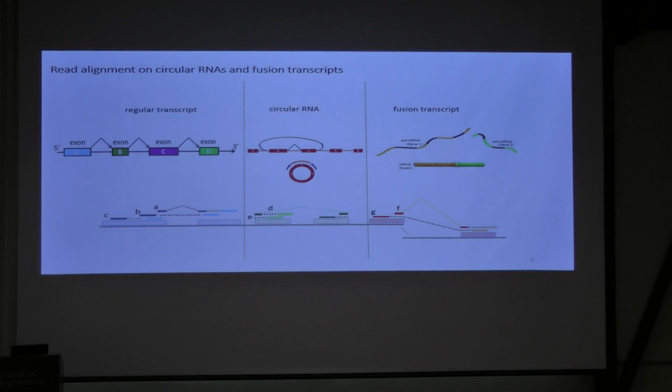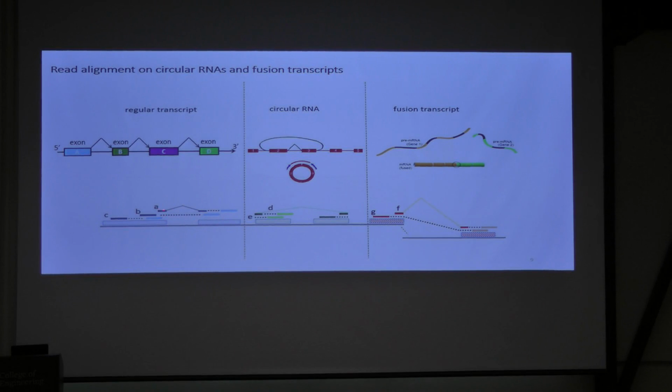Another limitation of the current aligners is that most of the tools only focus on regular transcript read alignment. But besides the regular transcripts, we also have circular RNAs and gene fusion transcripts. In a regular transcript, the reads follow the same order as in the reference genome.